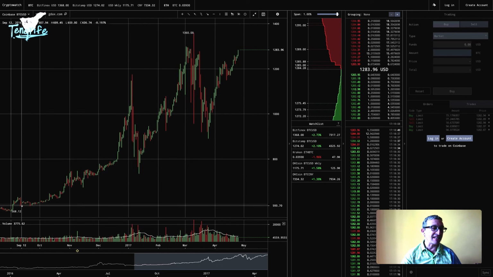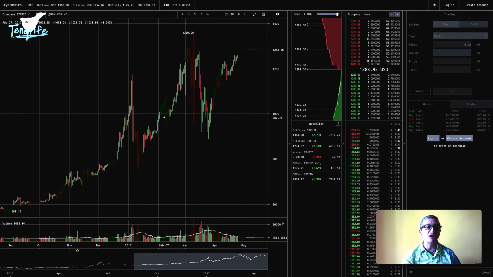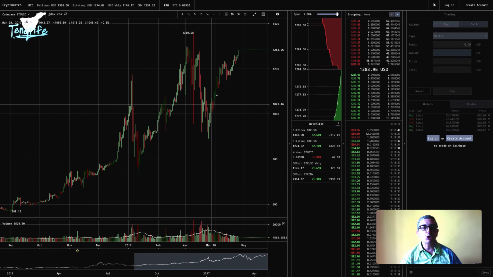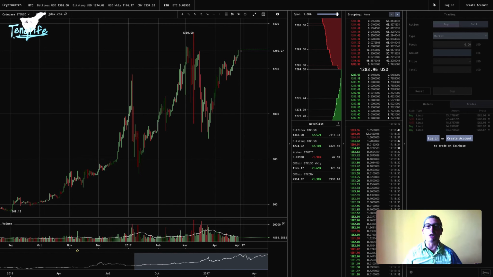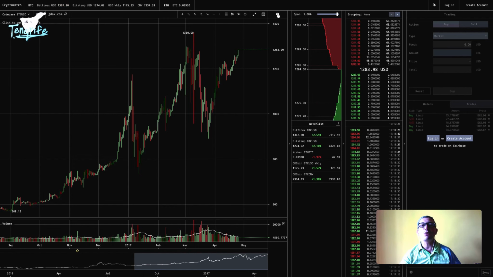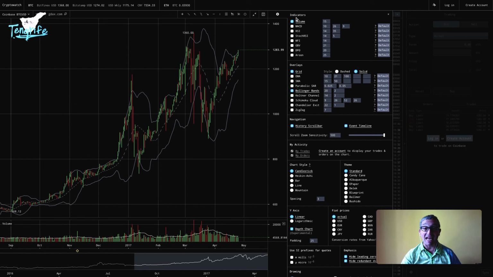However, as you can see, there's a pattern that is being reproduced each time, which shows us that at the moment Bitcoin is following a quite regular pace. So in order to understand this concept, we are going to now use another indicator, a very basic but very interesting indicator. Here, if we go to our settings, we now activate the Bollinger Bands.